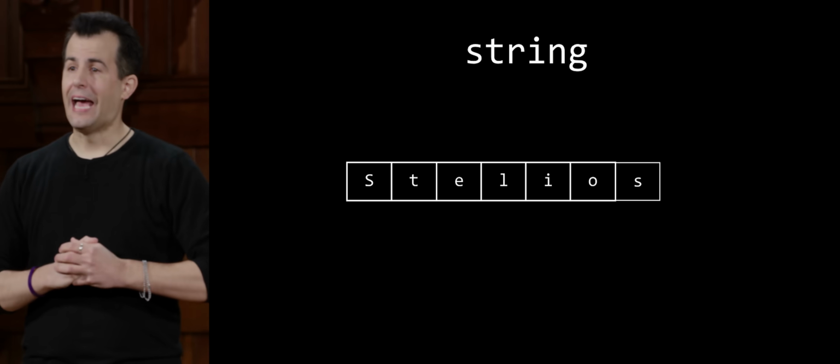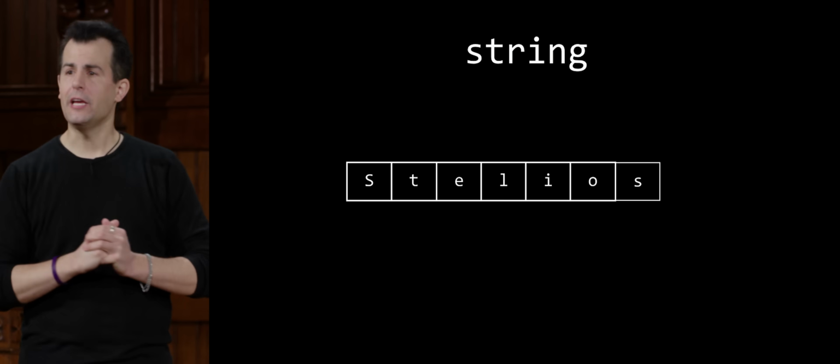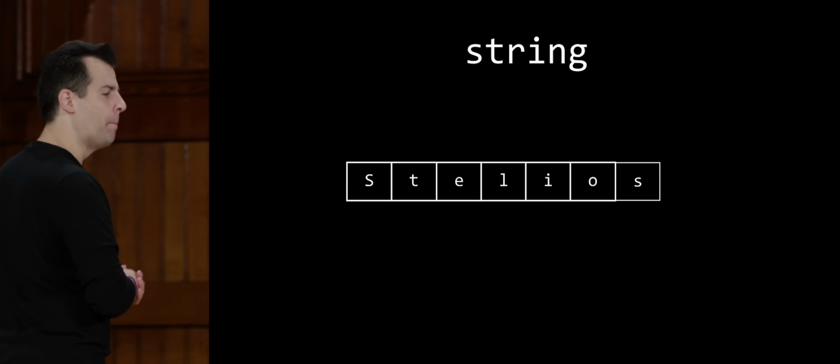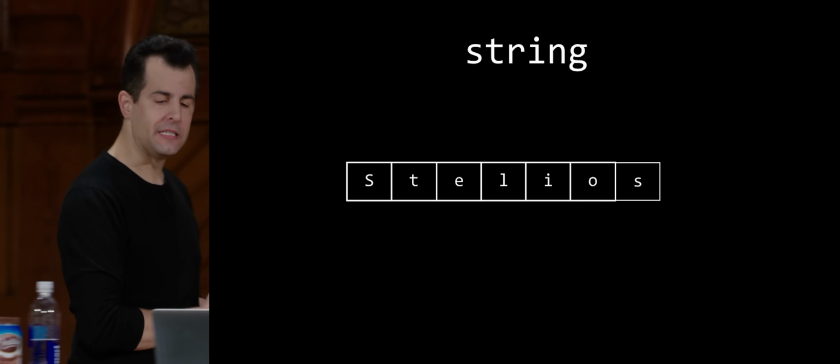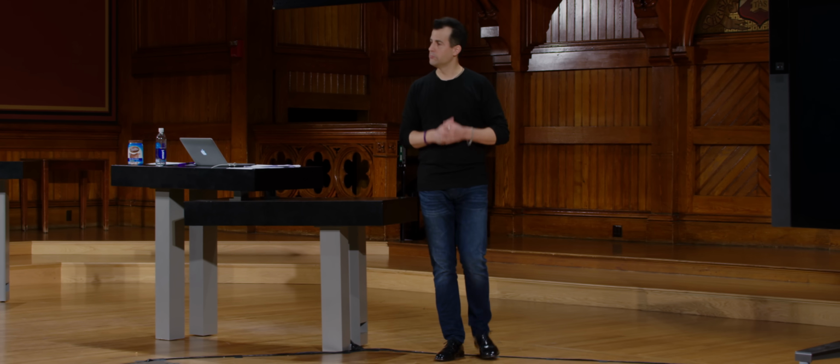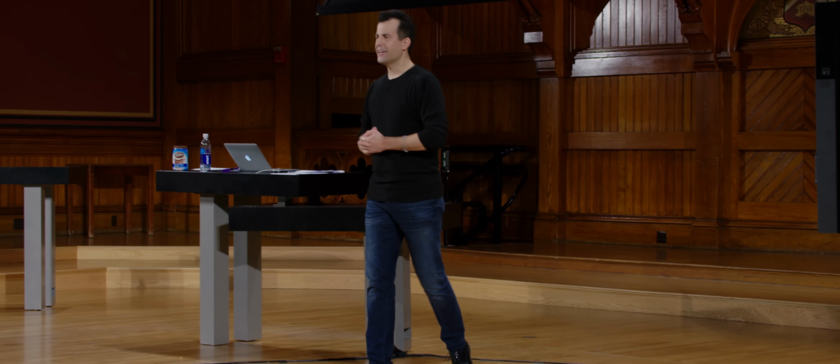But let's tease apart what actually a string is. Let me go ahead and start actually with Stelios here. So Stelios, one of our head TAs in New Haven, has this name here. And I've written it as a string, S-T-E-L-I-O-S, but I've kind of drawn boxes deliberately around his name to capture the fact that this thing we call a string, like Stelios, is actually not really a string only.